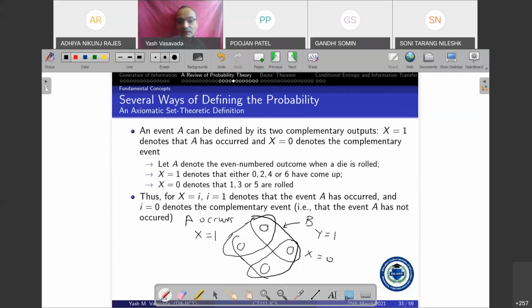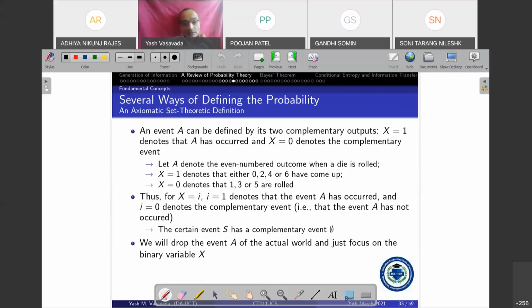When this subset doesn't happen, meaning its complementary subset happens, I'm going to say random variable y is equal to 0. Does it make sense? Okay, so that is how Kolmogorov's definition translates to events and then to random variables.